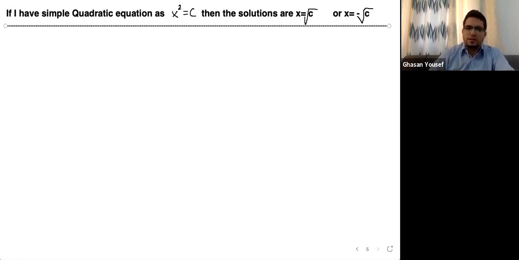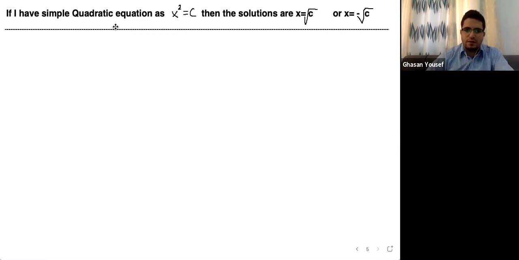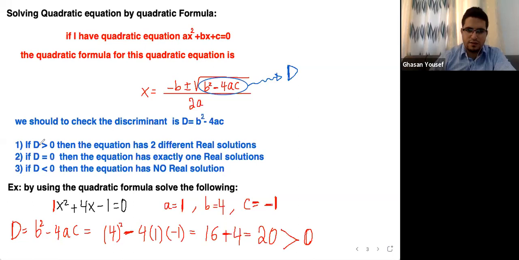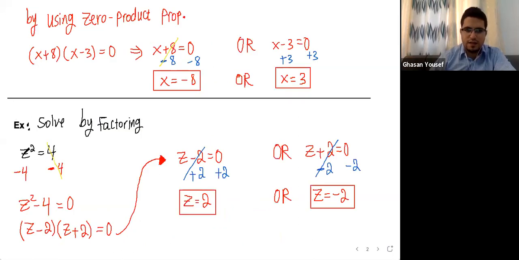We saw some examples of simple quadratic equations in the second slide, I think. But let me give you another example. This one, z squared equals 4, is a simple quadratic equation.